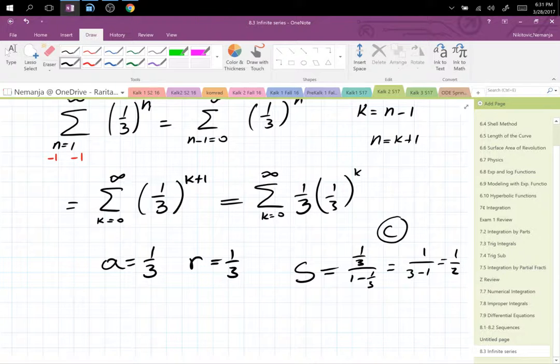So I just wanted you to see the process of how we deal with these series. The possible answers are converges or diverges. Converges means it adds to a finite number, in this case 1/2. Diverges means it adds to infinity.